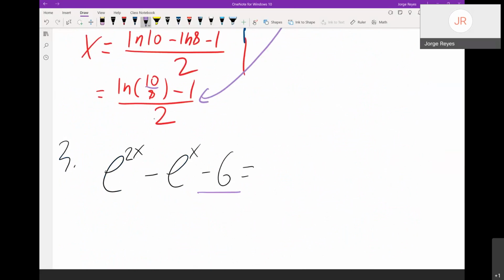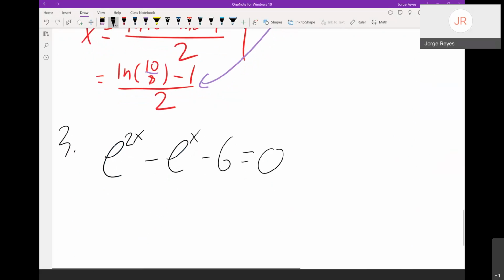This -6 is a big problem because, right, I can't natural log both sides because the 6 is going to mess up something, and I can't power rule. Okay, so you're actually stuck. You do not log this. Okay, what instead your book just assumes is that you look at this and you realize that this is a quadratic equation.